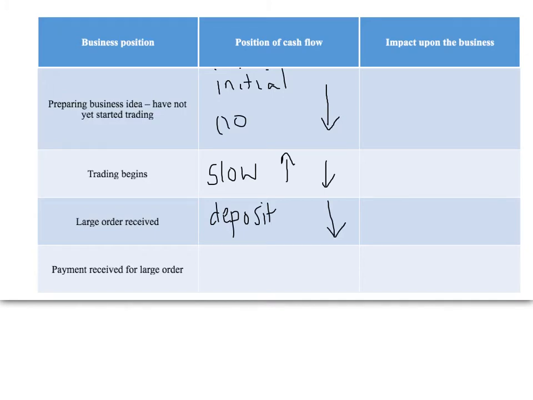Excellent. My large order has been fulfilled and I have received payment. Suddenly, I have a healthy bank balance, or perhaps I don't have as much of a bank overdraft facility. Perhaps I could reduce that.